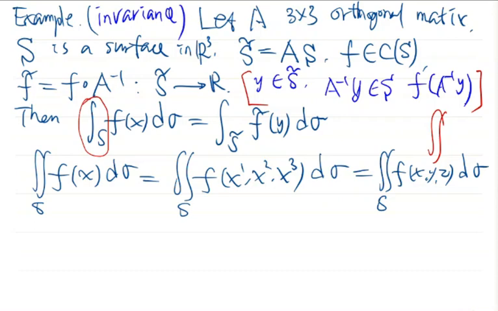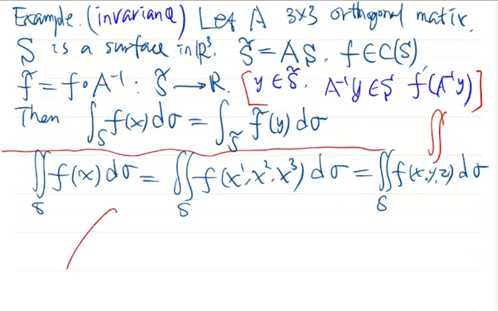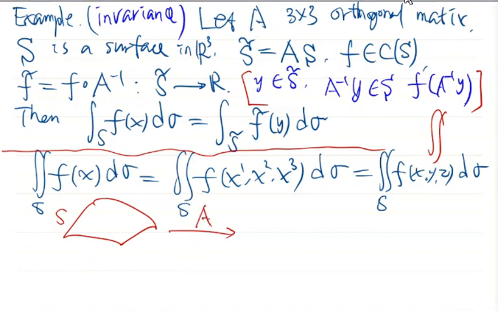And now we explain this result, what we will prove geometrically. So this is a surface S. You apply a transformation A. You obtain a new surface S tilde.